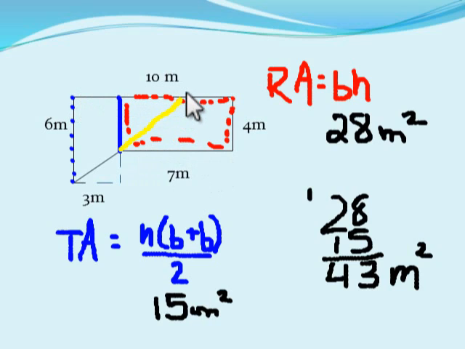I can guess, but that's not the right thing to do. I do have the height. And for this to be a trapezoid, I would need to know how long this is. And I don't know that. Okay? I do know this base. I do know this height. I just don't know this one. So I can't use that option. All right, good luck as you start some practice.